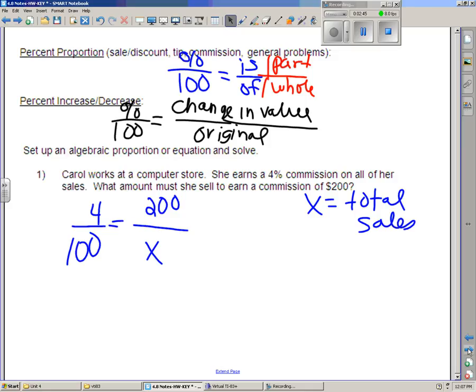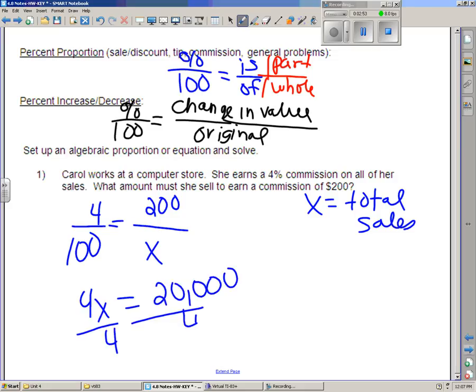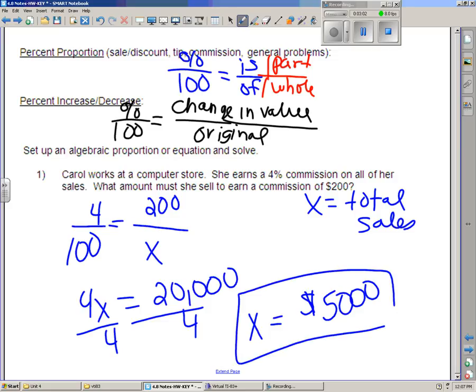When you solve this, you cross multiply and you're going to get 4x equals 20,000. Divide both sides by 4. Again, feel free to use your calculator, and x ends up being 5,000. So this should make sense, that she's got to sell $5,000 worth of merchandise to earn $200 commission.